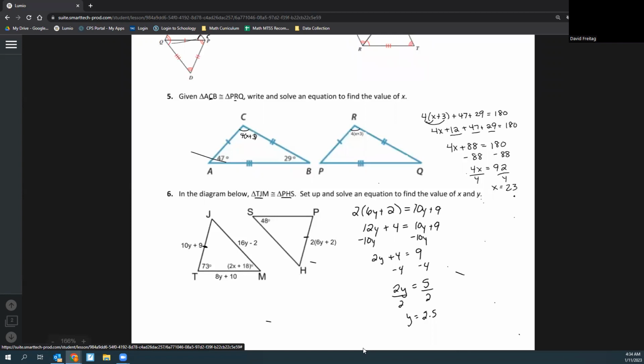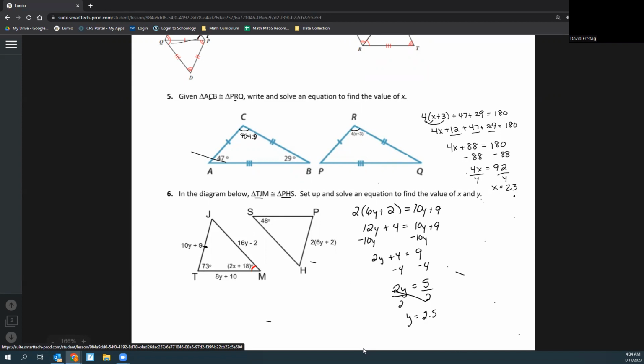The other aspect of it is to find x. Okay, so I'm going to change the color on this. And so I look at this and I say, well, x is an angle measure. It's the angle M. I don't know if I know where every piece is.